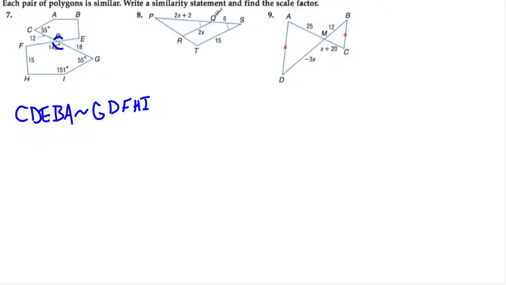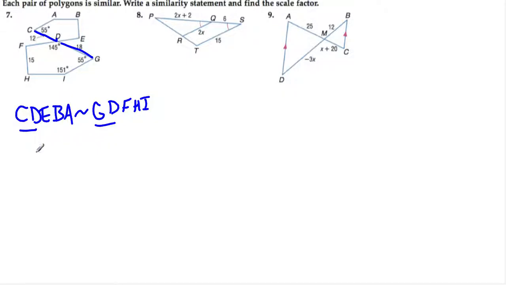Now the scale factor is going to be one side to the other. So I don't have much other than I have two sides here. I have CD, which is 12, and I have GD, which is 18. If we look, GD is going to be proportional to CD.